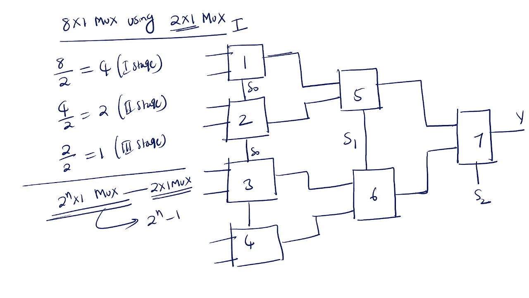Initially we got 3 for a 4 cross 1 mux, and here you got 7. This is the general formula. Suppose a 64 cross 1 mux needs to be implemented using 2 cross 1 muxes: 64 minus 1, so 63 are required.